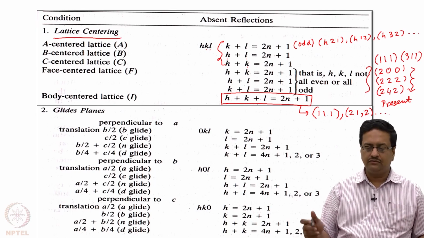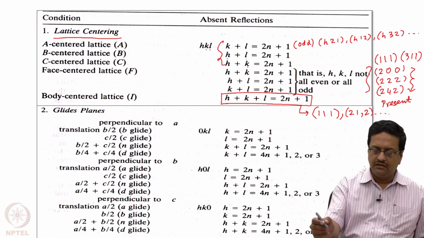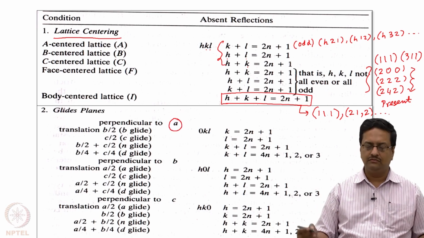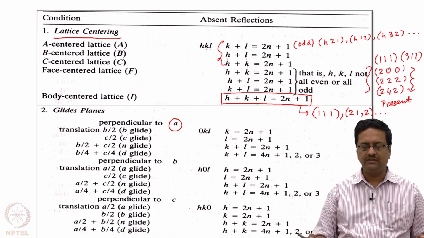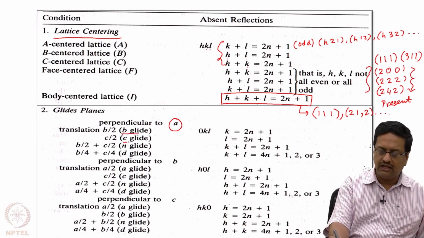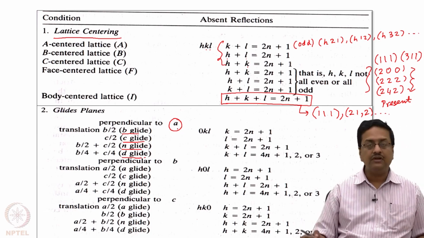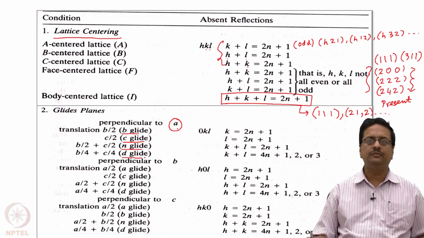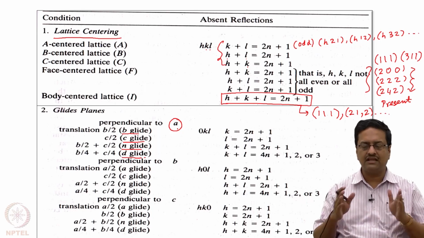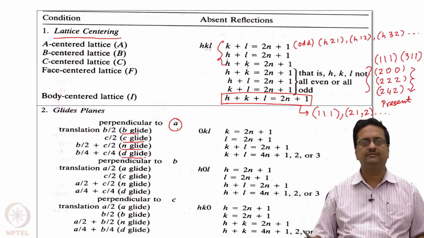So when we look at reflections corresponding to a B glide, C glide, N glide or D glide perpendicular to A, what could be the systematic absence condition? To understand that, we first need to see against which axis the glide is perpendicular.